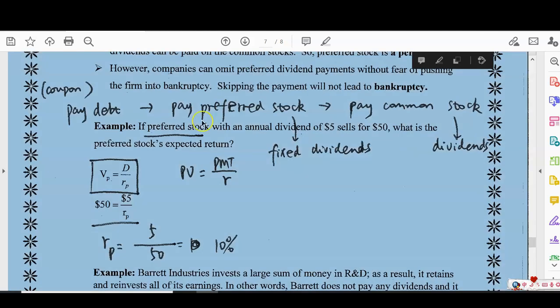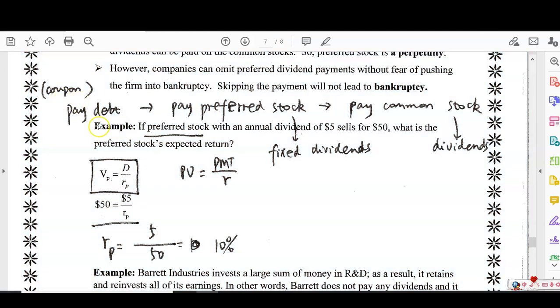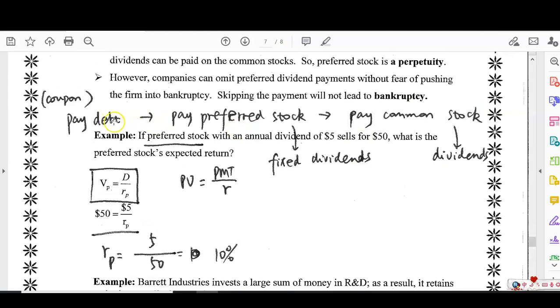So this is the order. The firm usually pays debt first, and then it pays preferred stock next at fixed dividends. Finally, the firm would pay common stock dividends. So debt is safest, preferred stock is in between, common stock is riskiest or most risky.